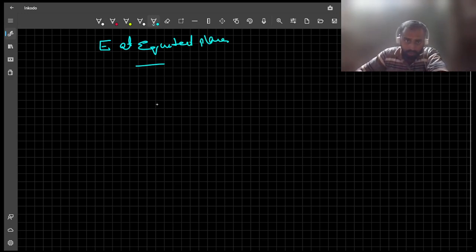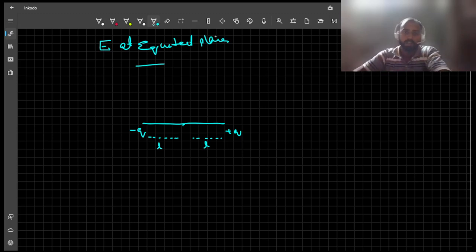So earlier, as I told, this is our dipole, a minus q and plus q. This is the center. This distance is L, and same as this distance is L. So I have to find the electric field exactly at the equatorial point. So this is x. This line is not straight.